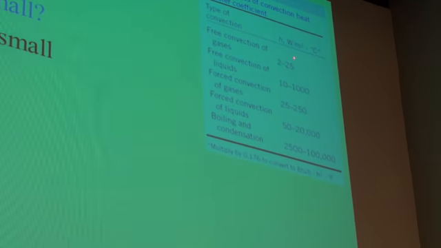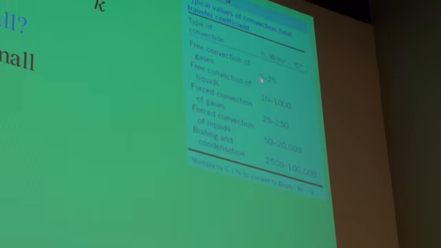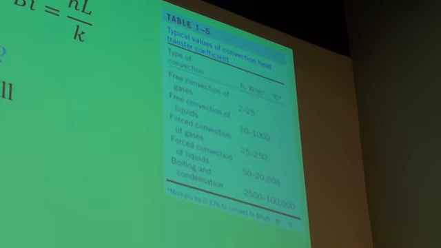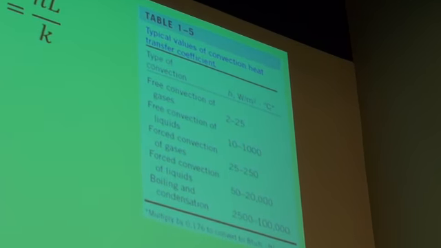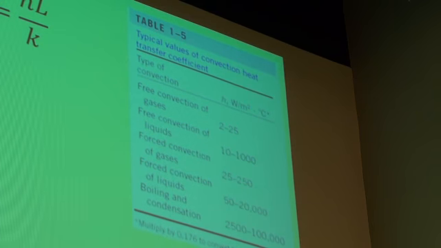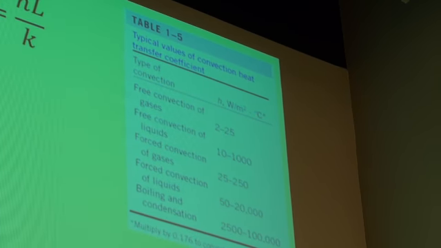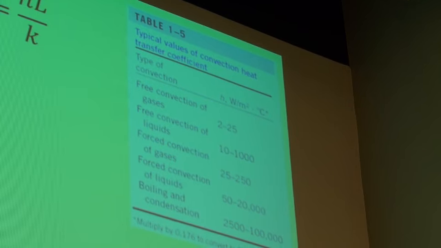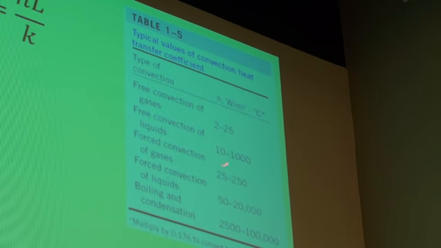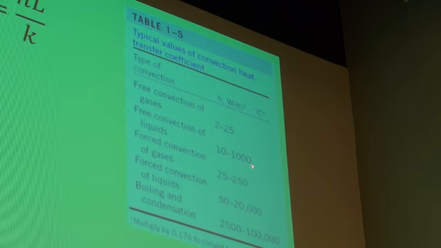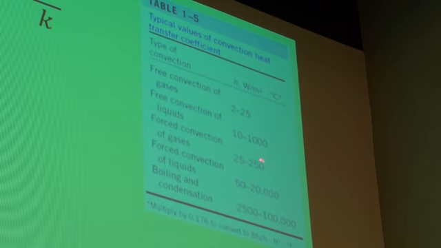You will see that typically the heat transfer coefficient is small for free convection of gases. So when we have free convection of gases, a body in air or in a gas, then usually the heat transfer coefficient would be small. We can see if it's in liquids, then it increases to about 10 to 1,000. So it's higher.